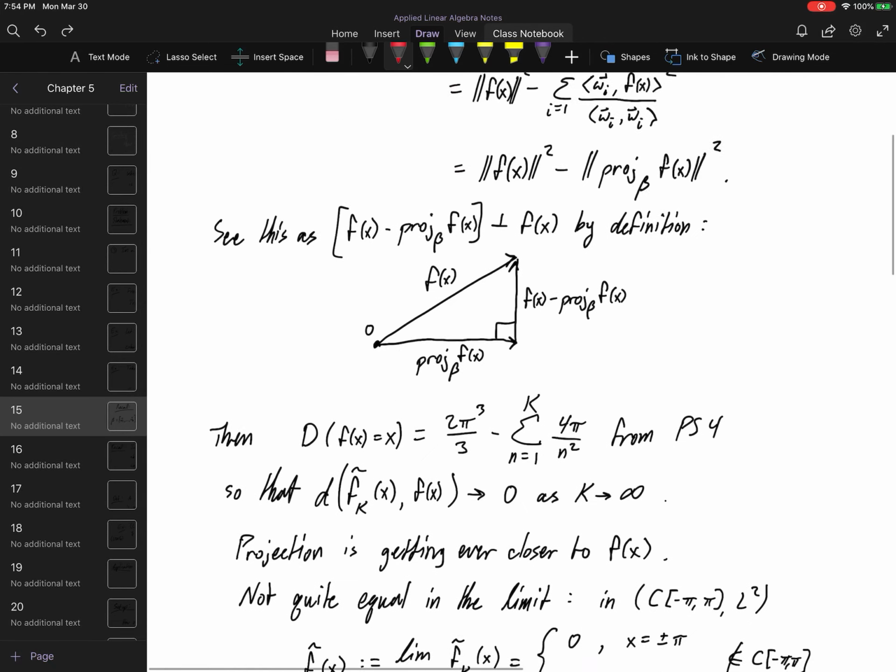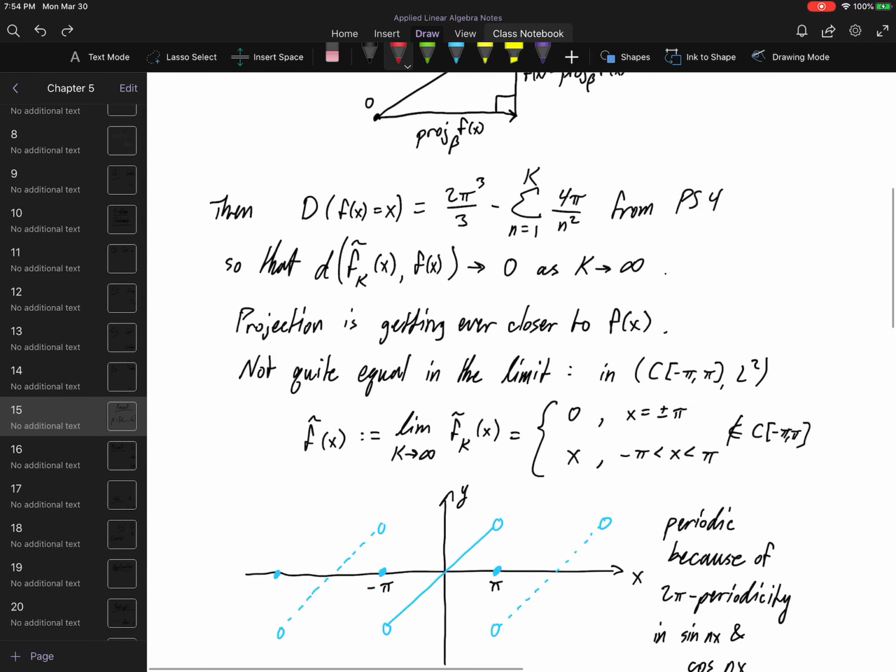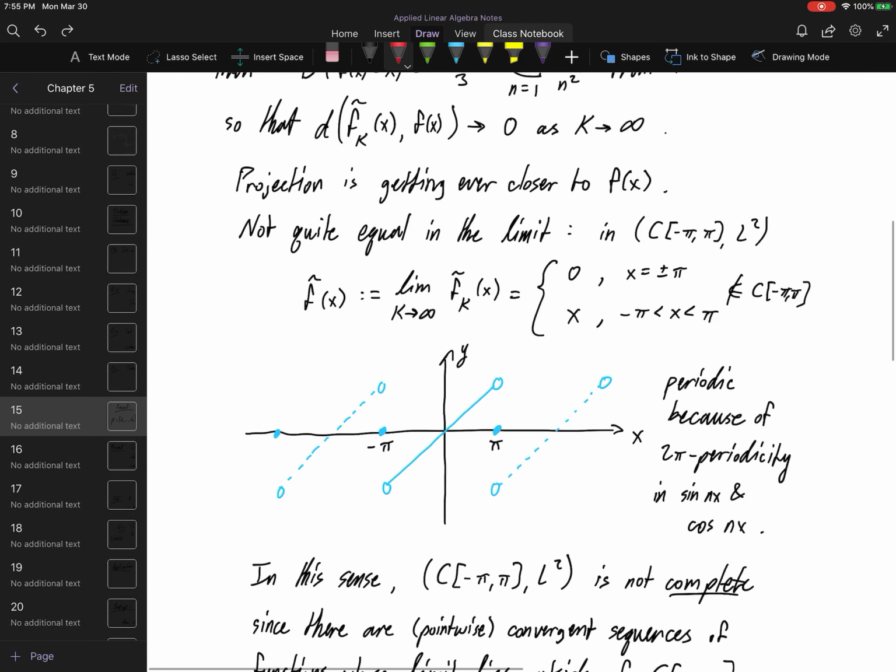So there is a slight problem here. We do get really close, but we get really close on the interval from minus pi to pi. The problem is sines and cosines are periodic functions. This polynomial, this x function, is not.